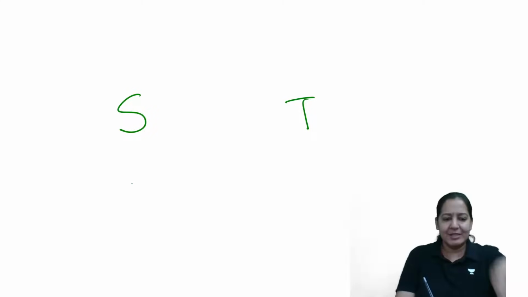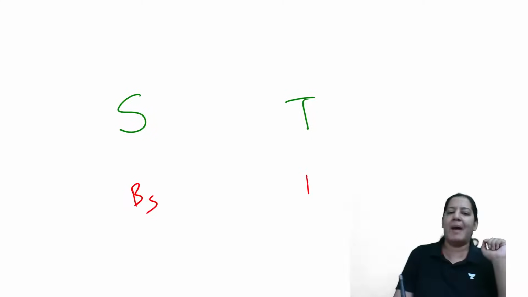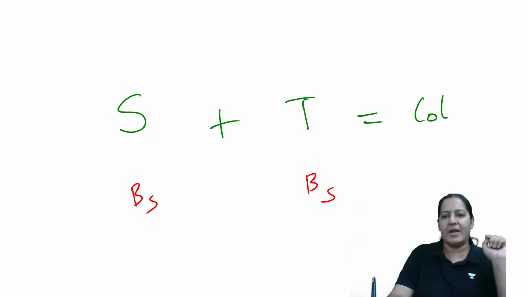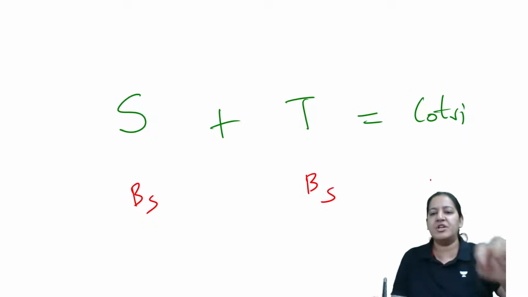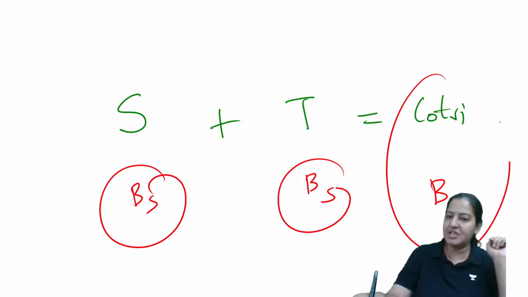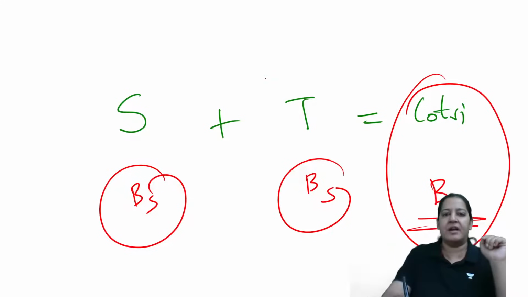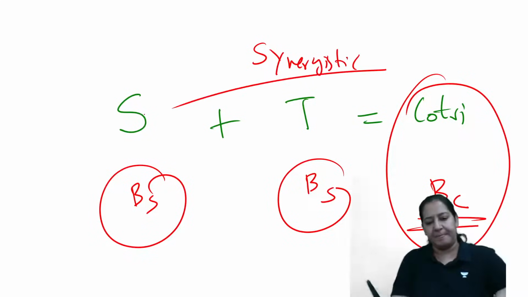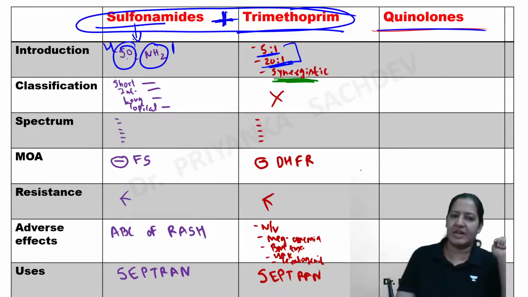If you give them individually, sulfonamide or trimethoprim, it is bacteriostatic. But if you give them in combination, that is cotrimoxazole, the combination is bactericidal. It kills the bacteria. This is the meaning of synergistic action.